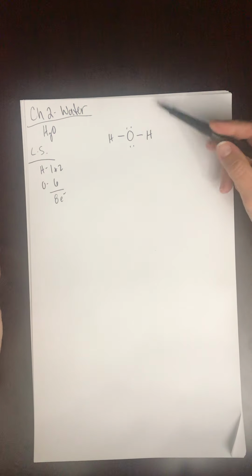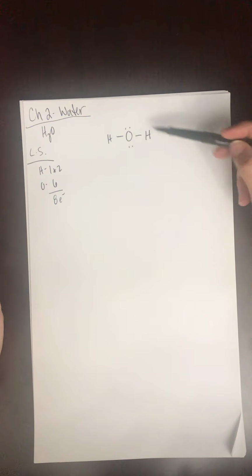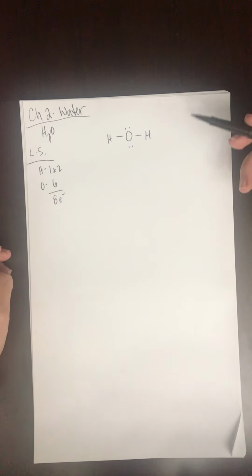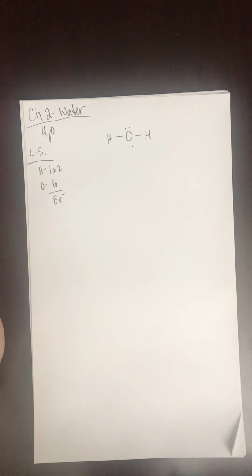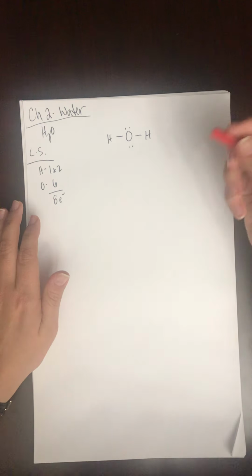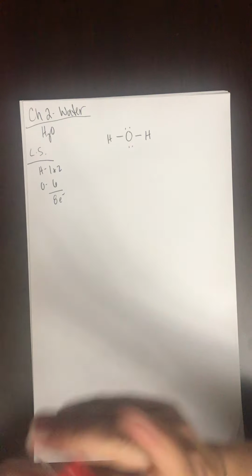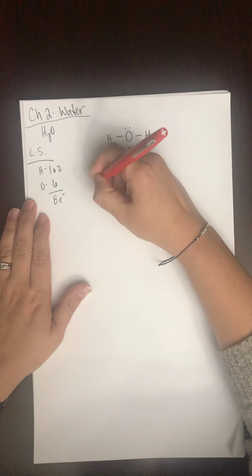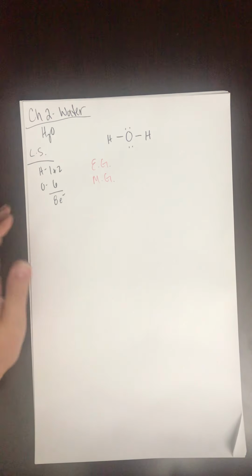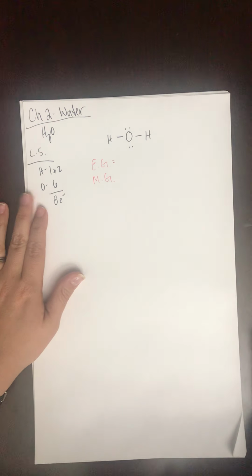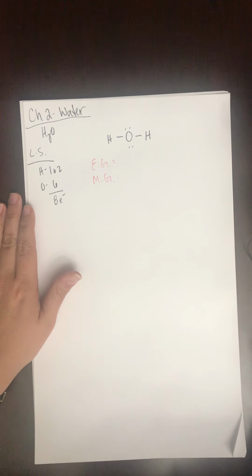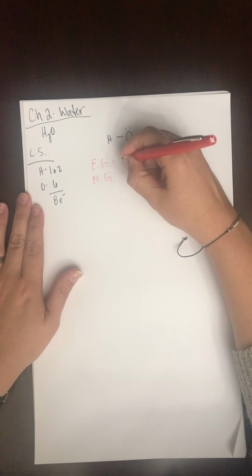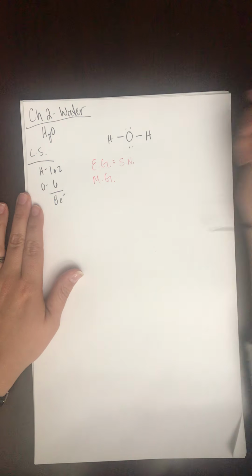Remember, the Lewis structure is just a skeleton of how the atoms are arranged and where the electrons are, but this is not the actual shape of water. So what we need to do is apply electron pair geometry and molecular geometry to this. Remember, the electron geometry of a molecule only cares about the regions of electrons around that central atom, and we call this the steric number.